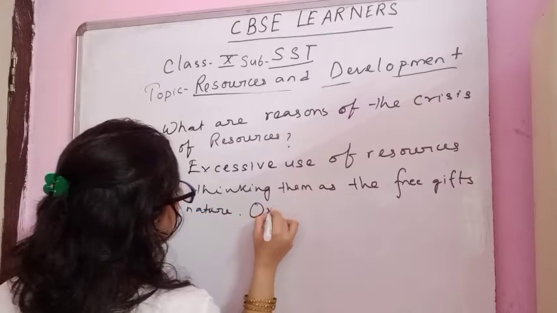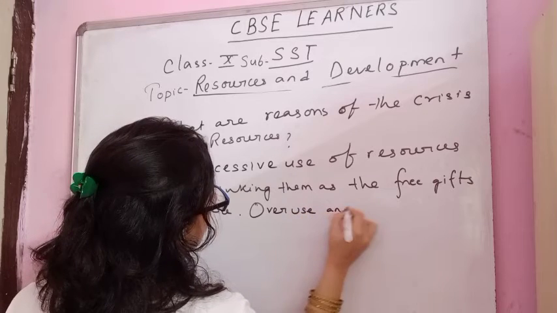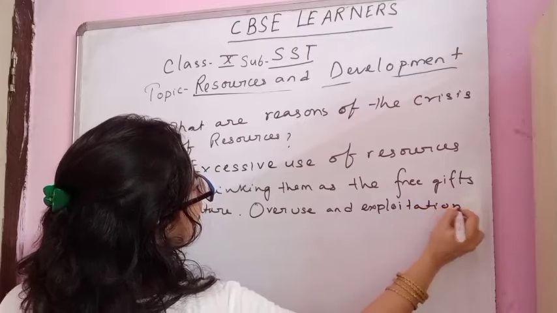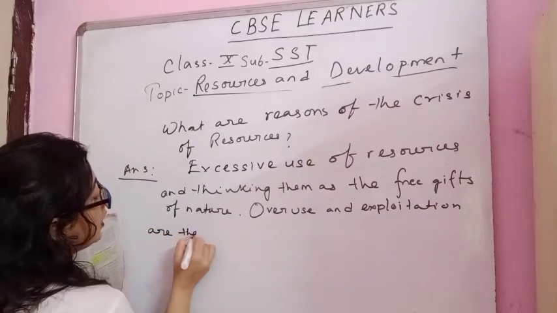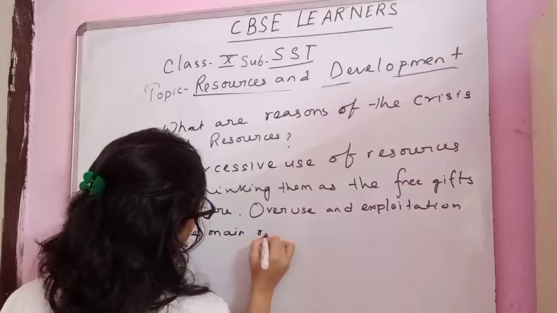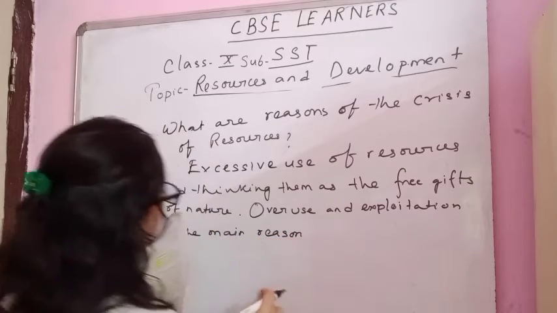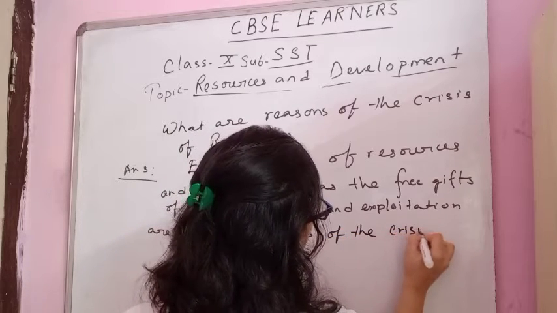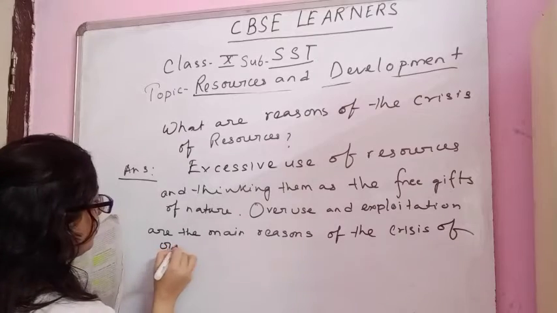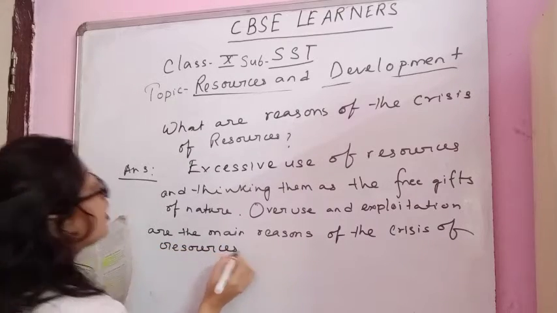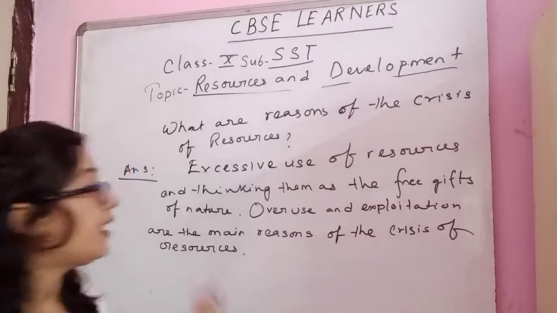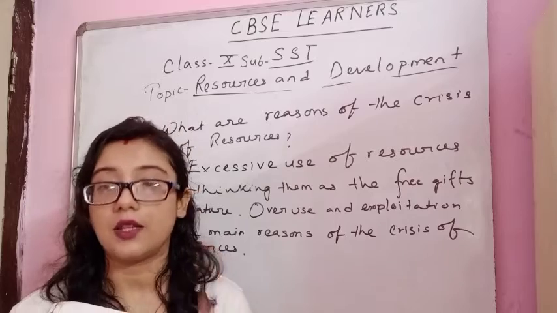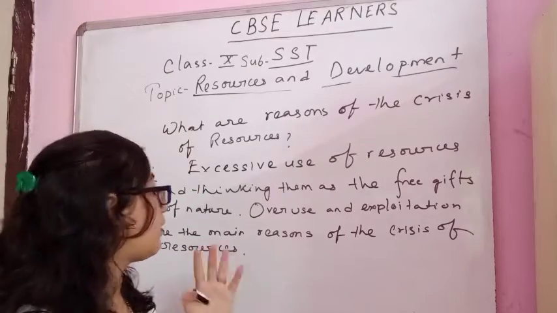Overuse and exploitation are the main reasons of the crisis of resources. So excessive use of resources and thinking of them as the free gifts of nature, overuse and exploitation of the resources are the major reasons of the crisis of resources.